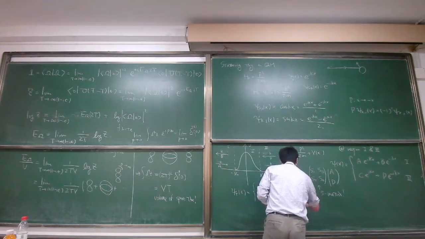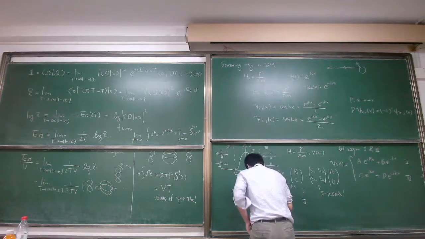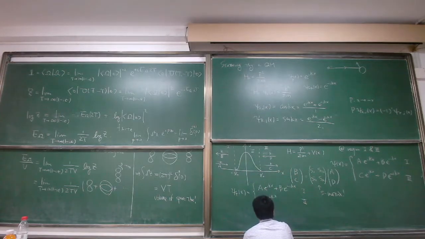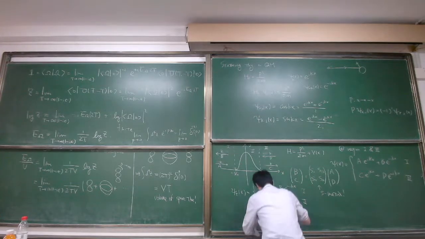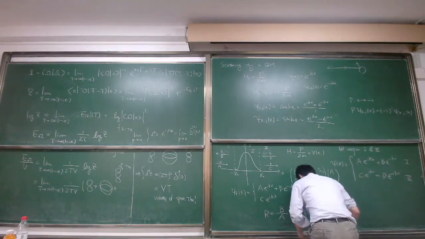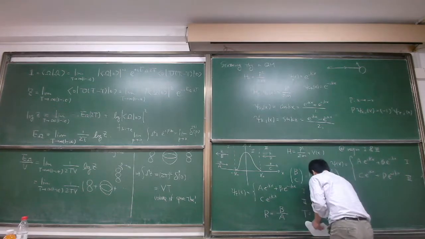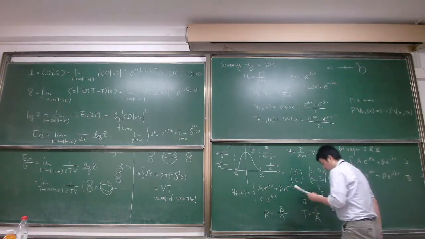That is region 1 and region 2. So R is called the reflection coefficient, B over A, and T is the transmission coefficient, C over A.